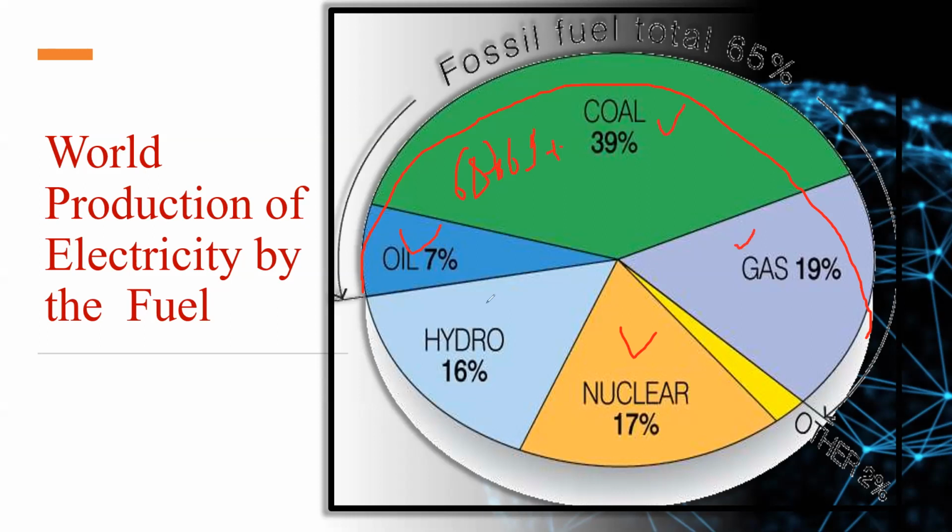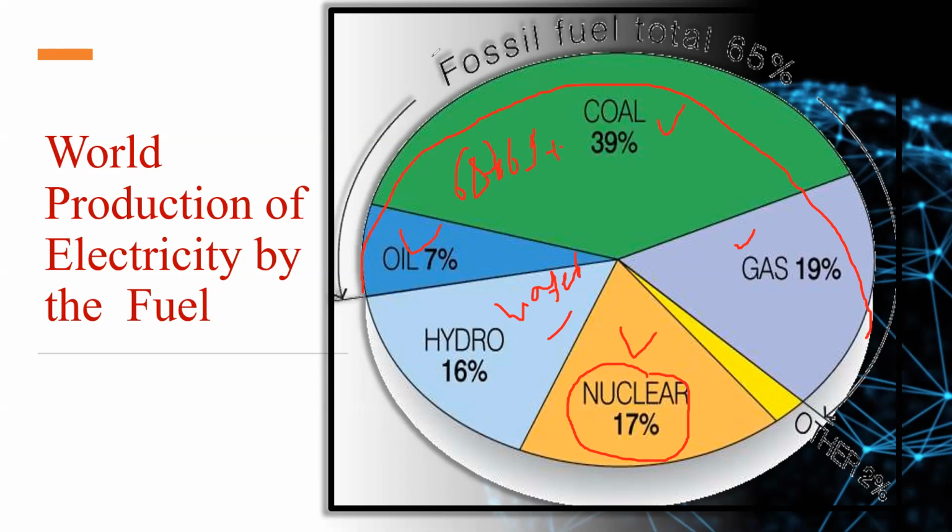Apart from this, 16% is generated by using water, and the remaining, that is 10% energy, is produced by nuclear. The advantage of nuclear energy is that we can use a small amount of uranium and produce a maximum amount of electrical energy. This is the biggest advantage of your nuclear power plant. So this is the complete pie chart with respect to world statistics.